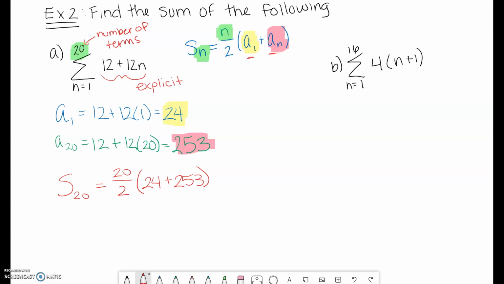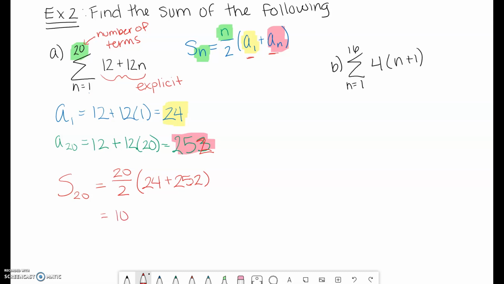And then remember PEMDAS, so do parentheses first, and then you're going to be doing the multiplication. Sorry, it was 252. I am not sure why I said 253. So again, this was 252. Okay, so now we're going to add these two and then do the division.